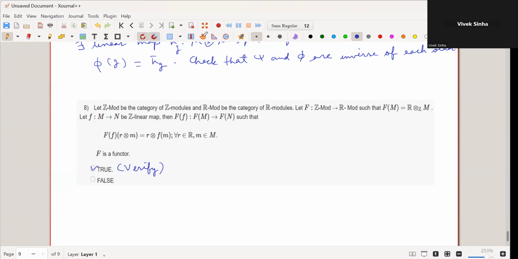Okay, you just need to see the other properties: that identity is mapped to identity and it is compatible with the composition. These two properties you have to verify. Also, you have to see that this is an R module and this map is R linear. Okay, so I will stop here.